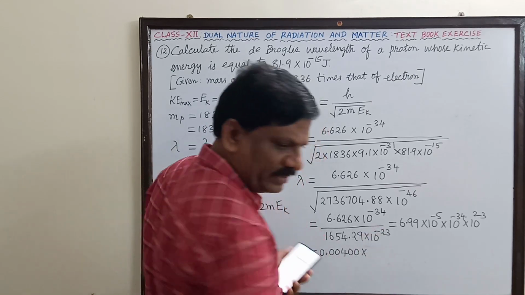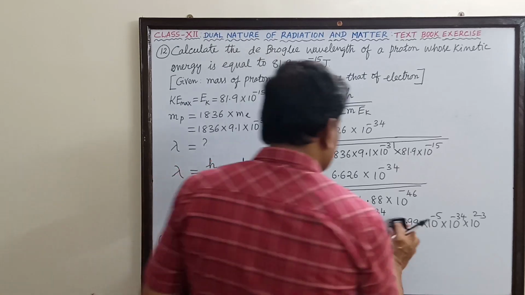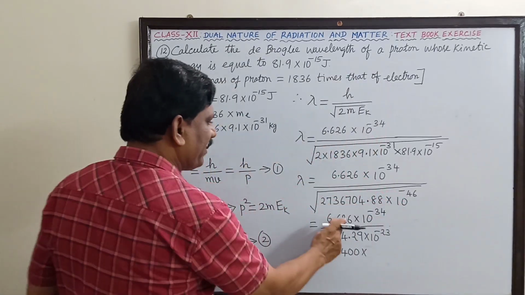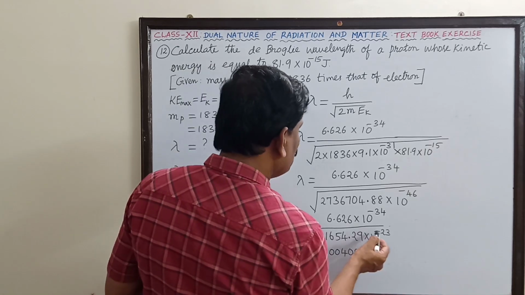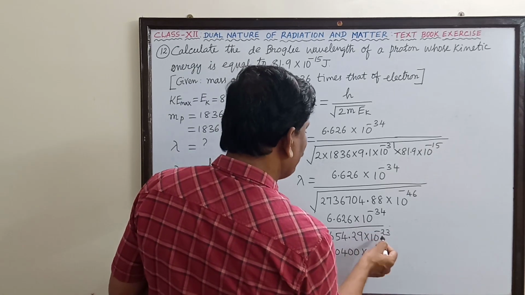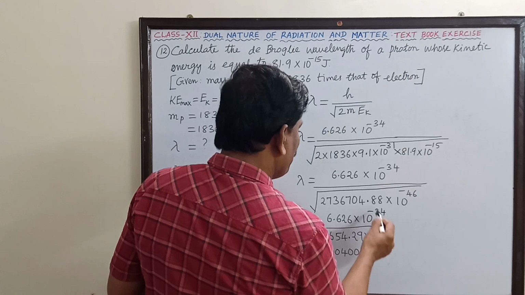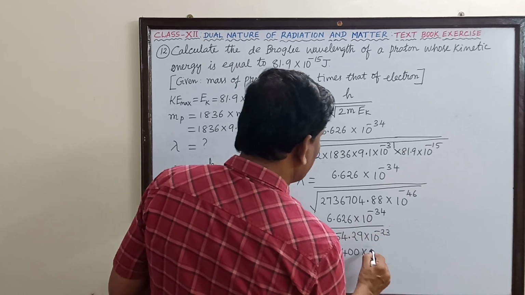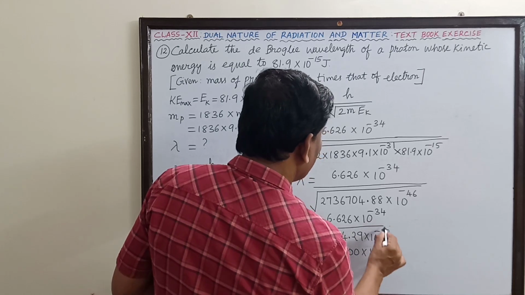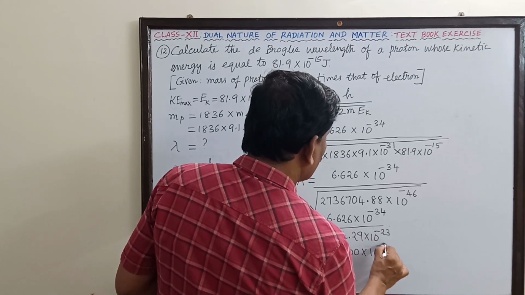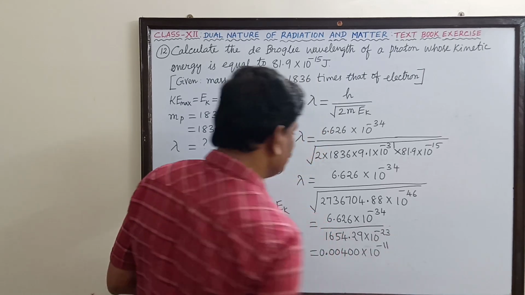This is the corrected value. So I have checked this fraction to be 0.00400 into 10 power minus 34 and 10 power plus 23. If you adjust, this is 10 power minus 11.